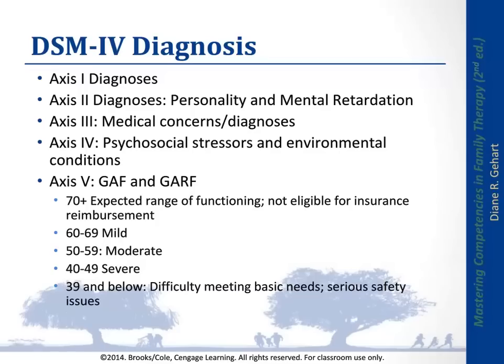It's one of the reasons they did away with this. And then 39 and below, there had to be pretty significant dysfunction or difficulty meeting basic needs. There were serious safety issues, and often you're looking at hospitalization and very close medical monitoring when you're looking at anything below 40. So that was the old DSM-4 and DSM-3 5-axis diagnosis system, for those of you who are not familiar with it.